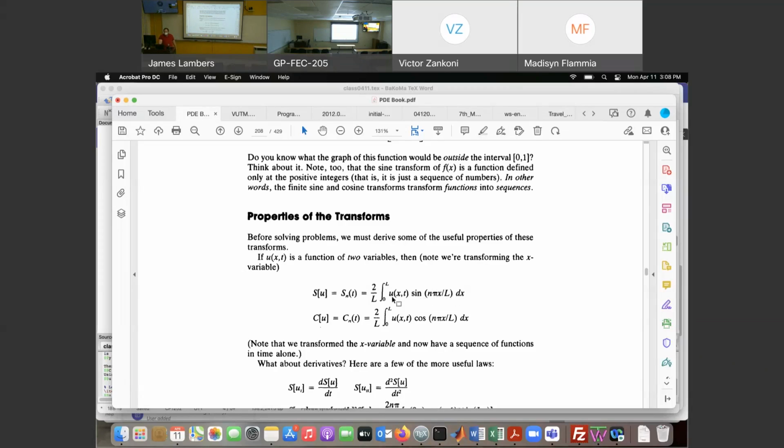Because you plug in sine 3 pi x in here, this integral is going to be 0 all the time, except when the indices match up. In which case, in this case, you get 1. And the same holds true for the initial condition. So what's going to happen is one of your ODEs for Sn will have a +1 added onto it.